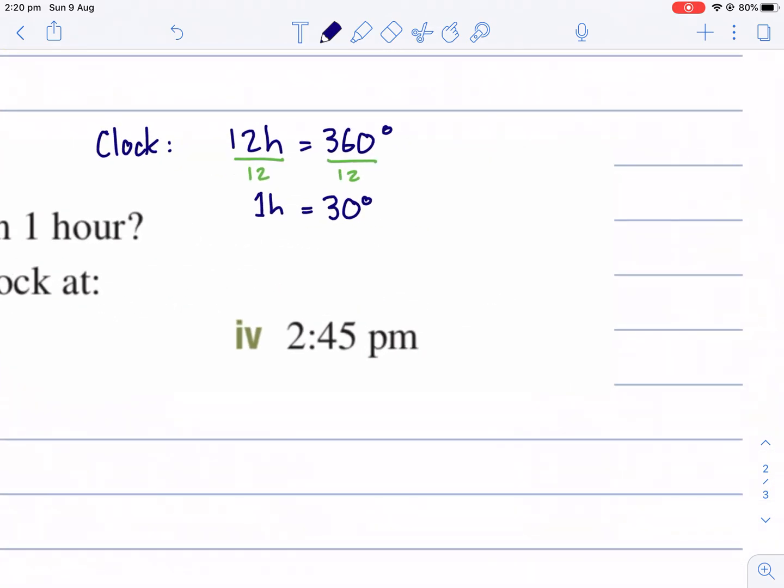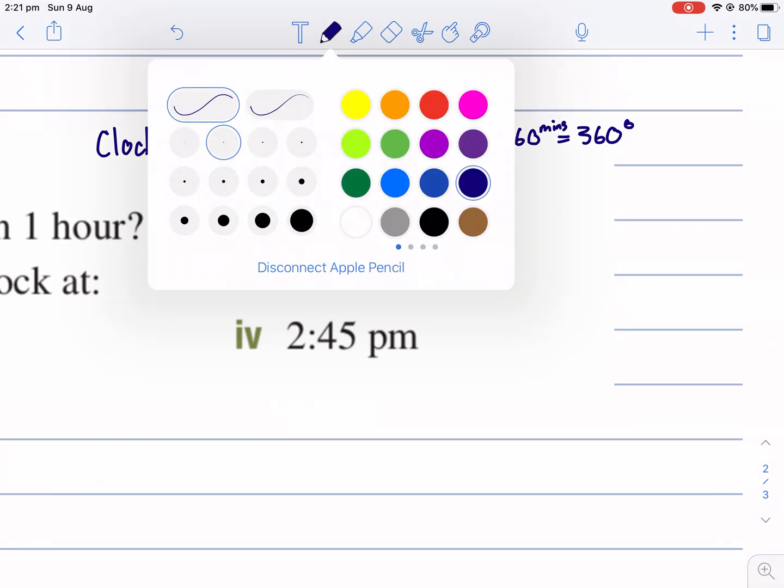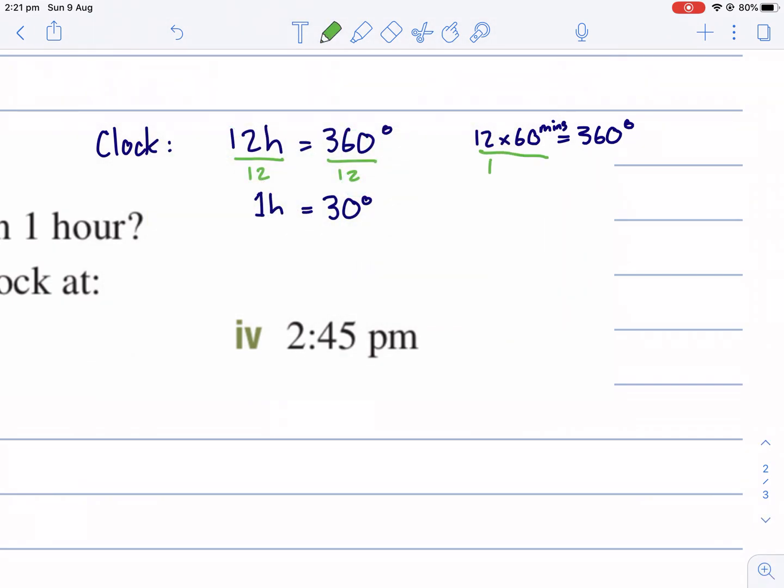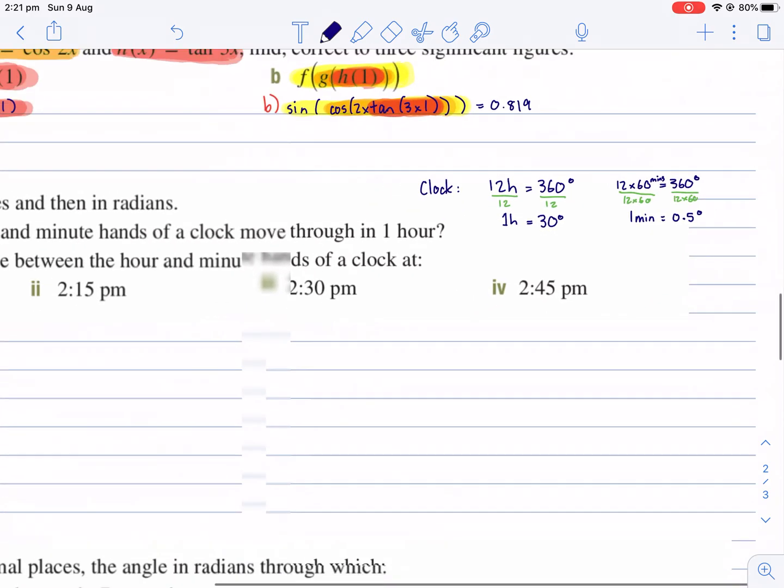If we want the minute hand, well, 12 times 60 equals 360 degrees, so this is minutes. If we divide both of these by 12 times 60, we know 1 minute equals 360 over 12 times 60, so 0.5 degrees.